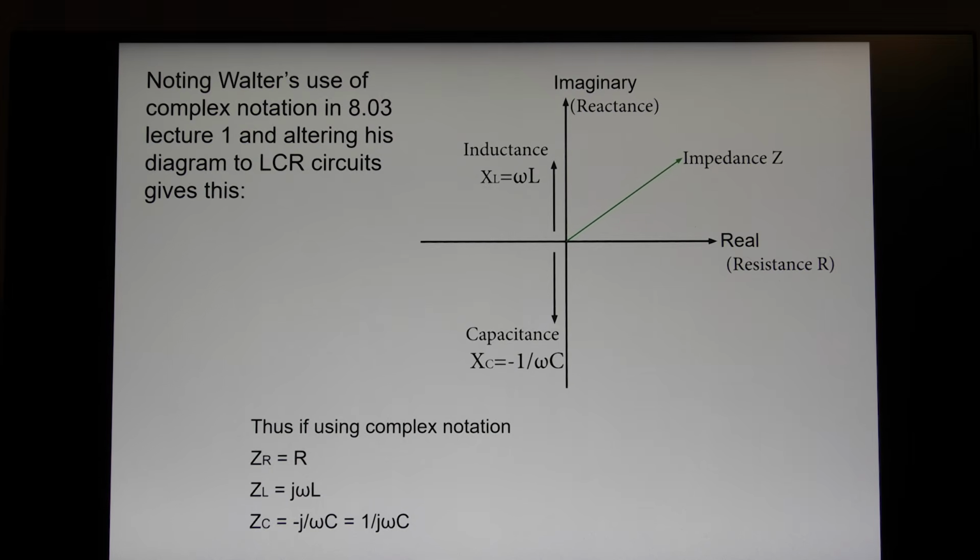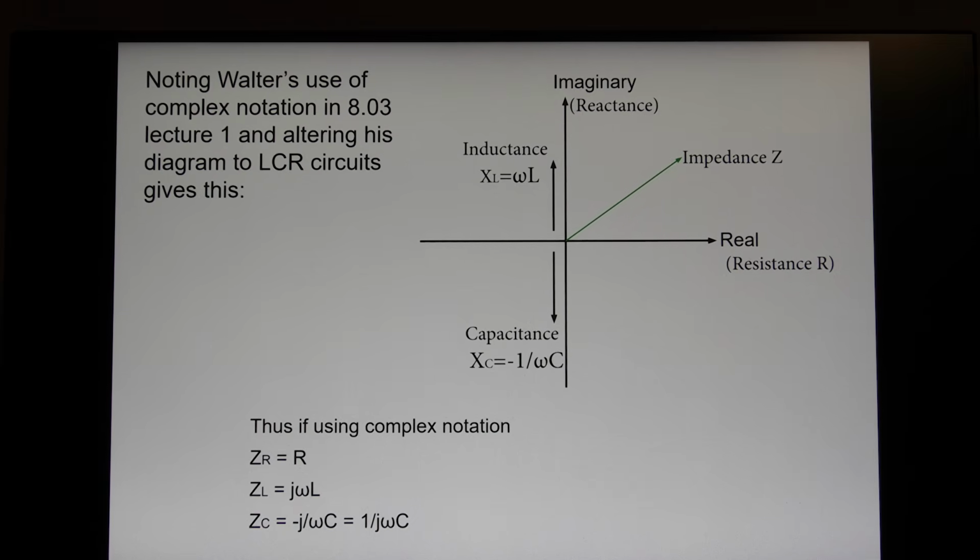We treat the resistance as real along the x-axis in the diagram. We treat reactance as imaginary in the vertical axis, and inductance is positive, where XL, the reactance for an inductor, is omega L going upwards, and for a capacitance, XC is minus 1 over omega C, so it's going down.